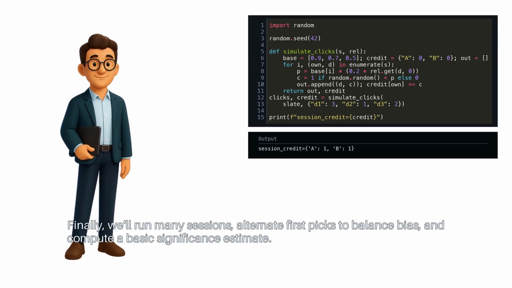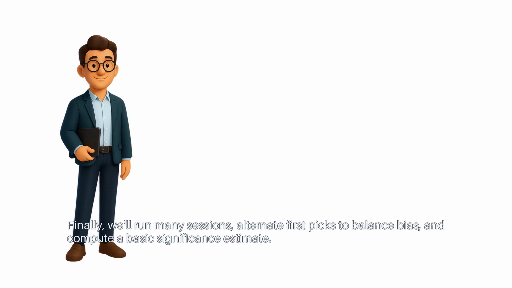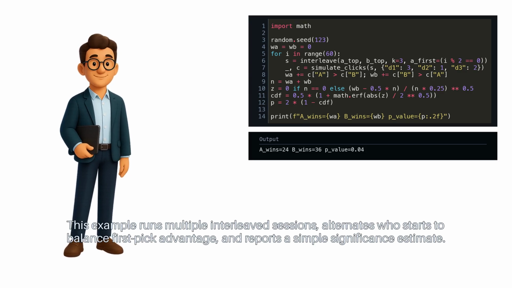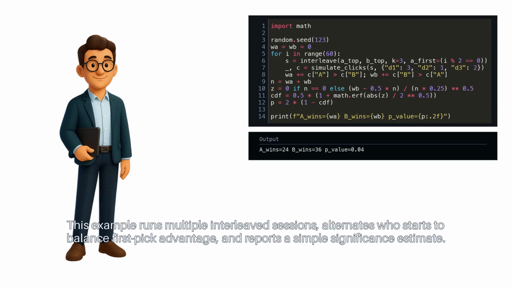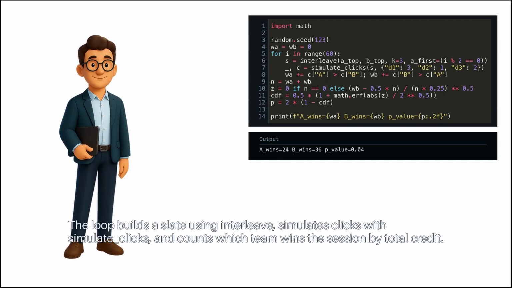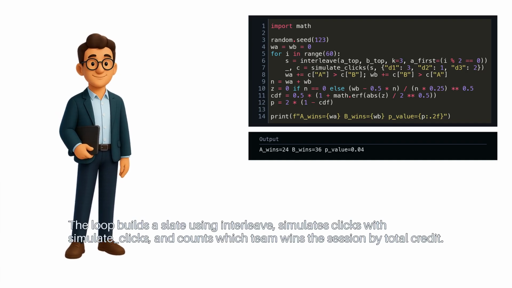Finally, we'll run many sessions, alternate first picks to balance bias, and compute a basic significance estimate. This example runs multiple interleave sessions, alternates who starts to balance first pick advantage, and reports a simple significance estimate. The loop builds a slate using interleave, simulates clicks with simulate clicks, and counts which team wins the session by total credit.